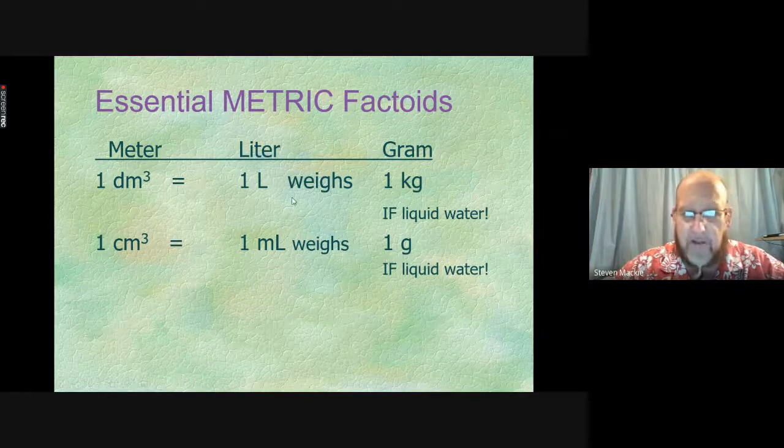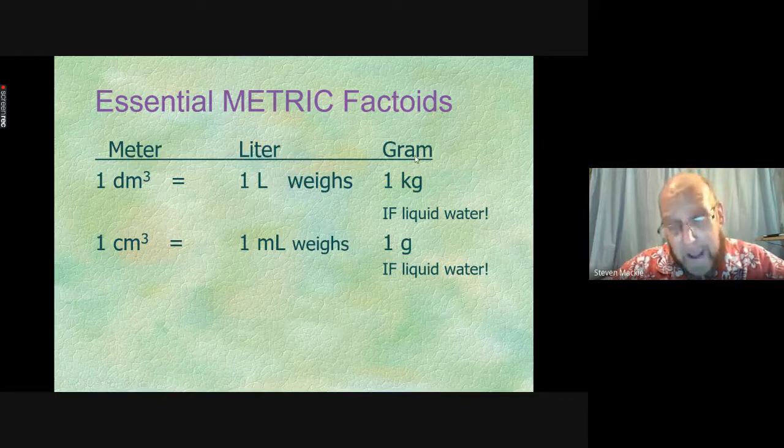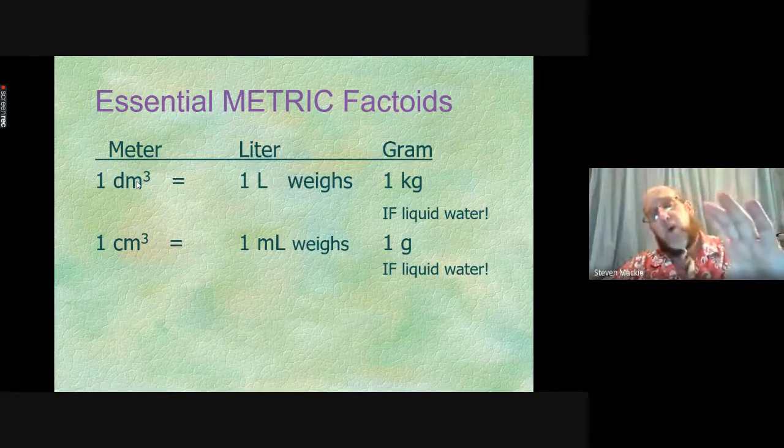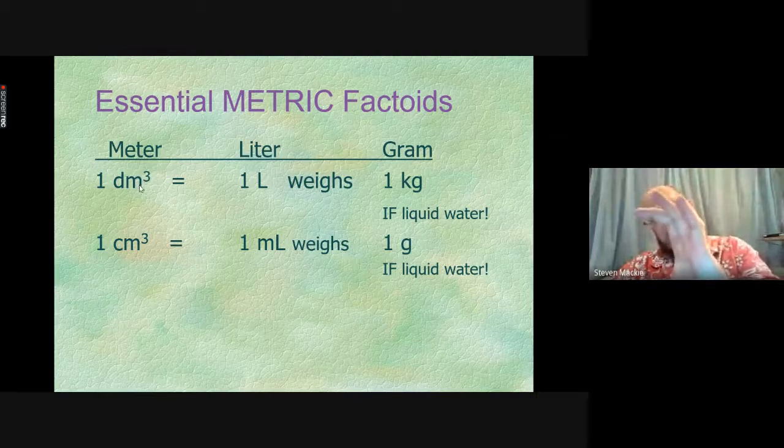They were going to try and figure out a way to link the central units together in a coherent fashion. And so here are a couple of interesting factoids. Meters, liters, and grams are the central units. But if you take a unit that is a part of a meter, a decimeter, 1/10 of a meter, probably about as wide as you can spread your fingers is about a decimeter.